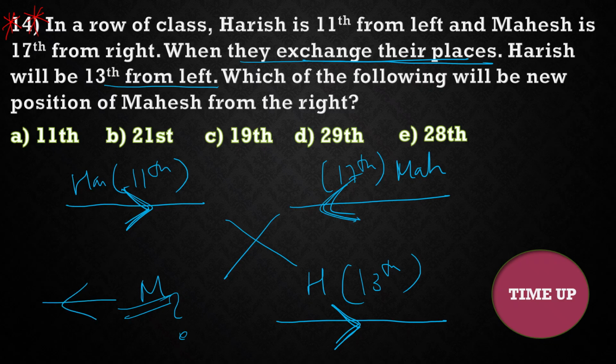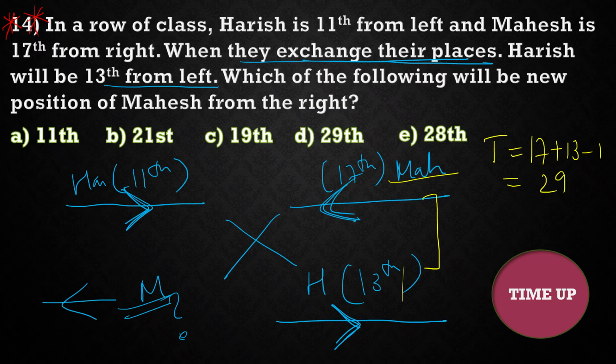In order to find the new position of Mahesh from the right, we need to find the total, correct? So how will you find the total? The information given to you of both sides, that is left and right, you will use to find the total: 17 plus 13 minus 1, which will give you 29.